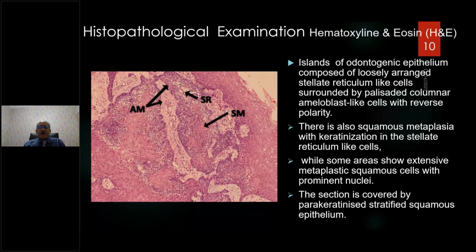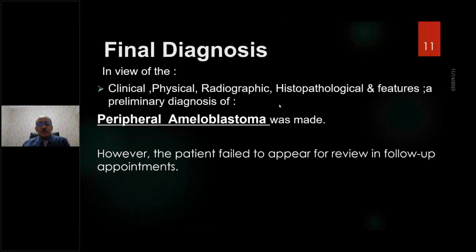There is the ameloblast-like cell, there is squamous metaplasia, and then there is the stellate reticulum, and you know that the origin of the ameloblastoma should be odontogenic. So the most important thing we have seen is the ameloblast-like cell, and in this case, the diagnosis according to the biopsy is ameloblastoma, or peripheral ameloblastoma.